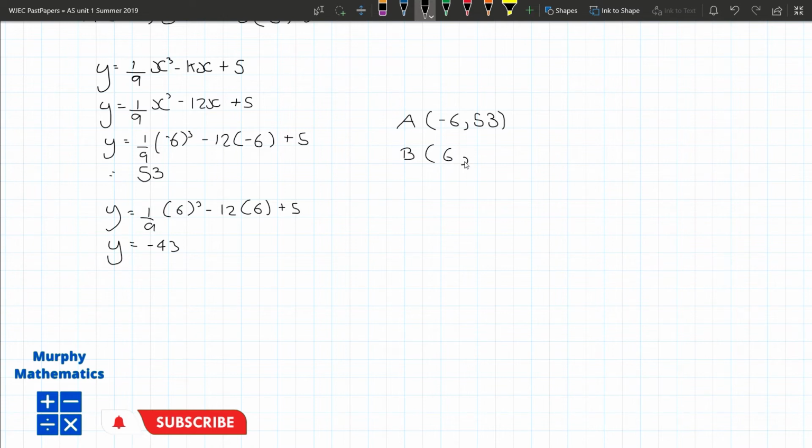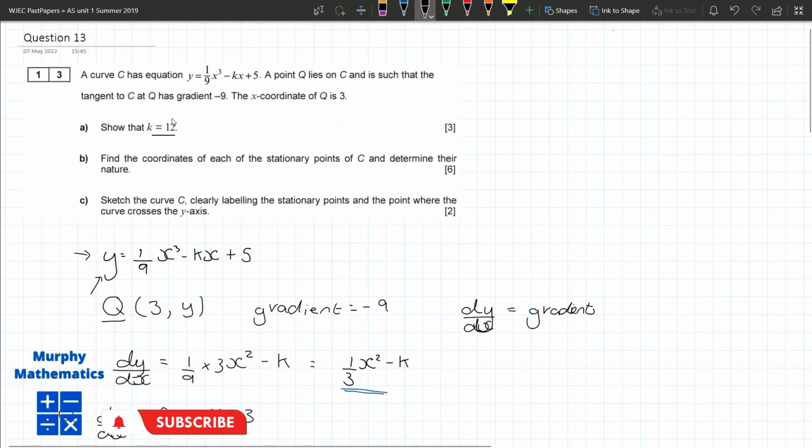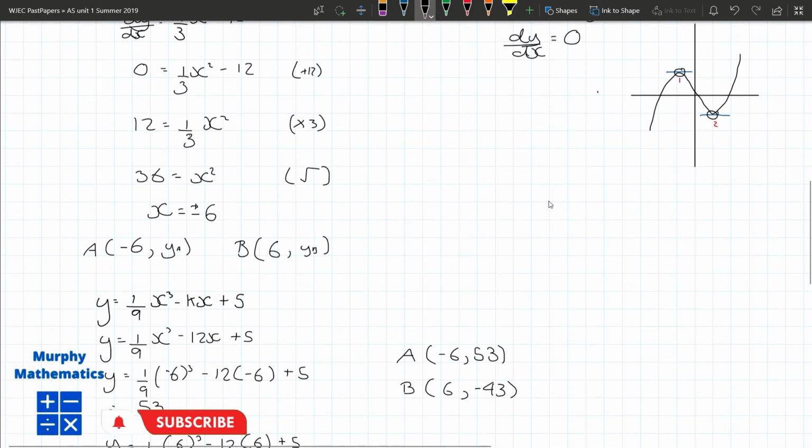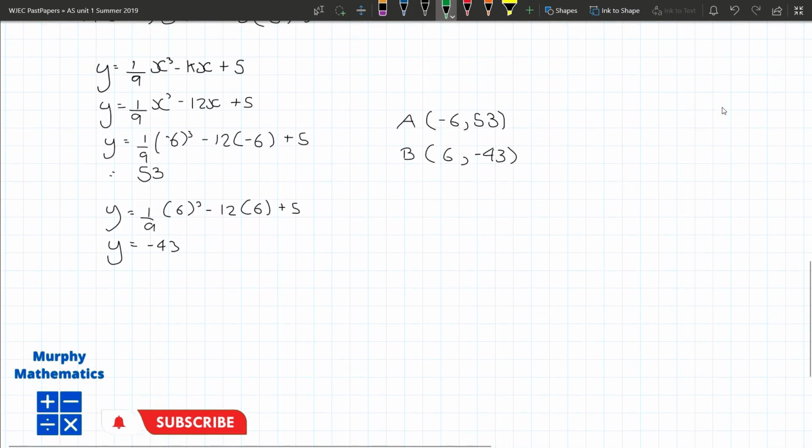Okay, now we have to evaluate and determine their nature. So what they're asking for here is, when we have our two stationary points, we're either going to have a maximum or minimum, so this or this. And the way we work that out is we have to take the second derivative.